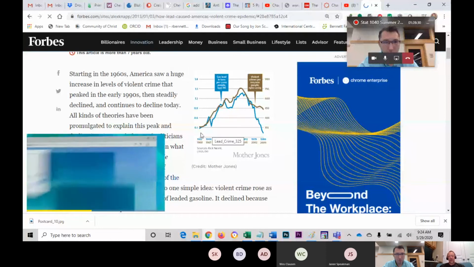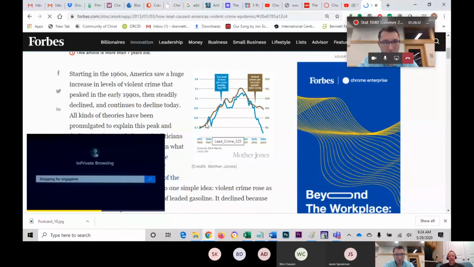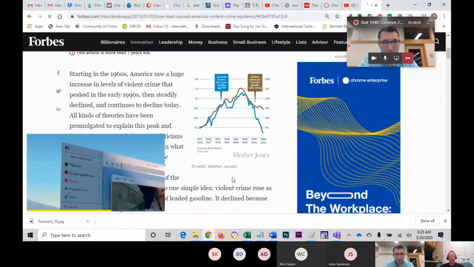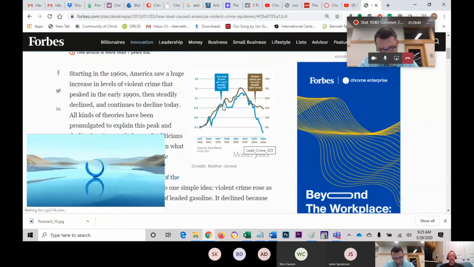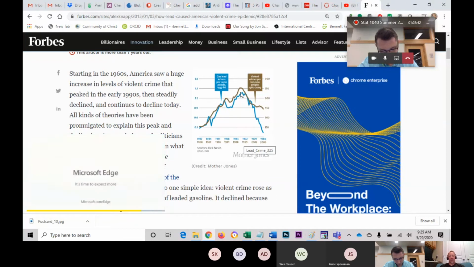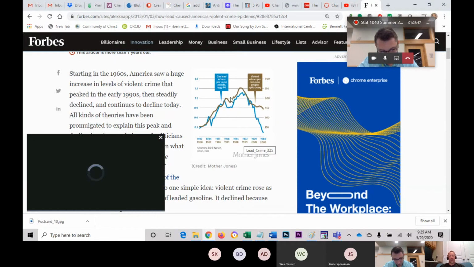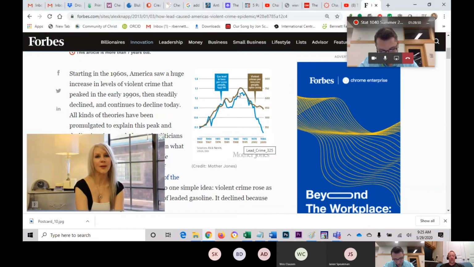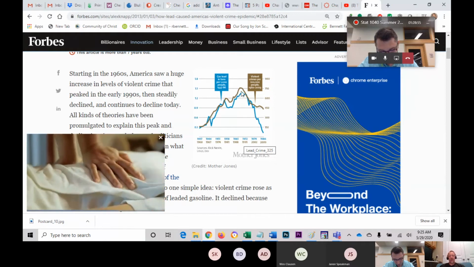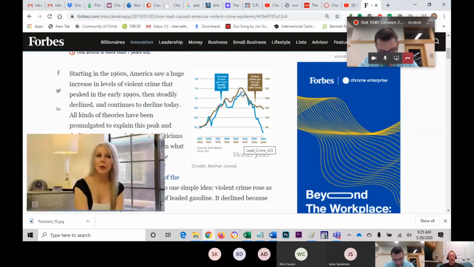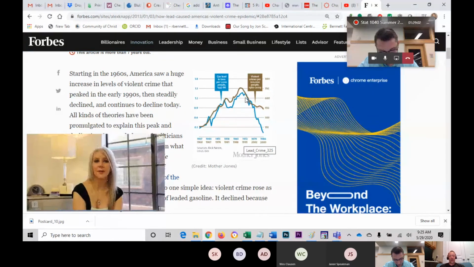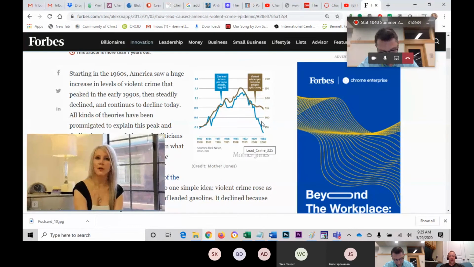Anyway, you can see the amount of lead increases. This is from 1937 to 1972. You can see that, especially because lead was used a lot in gas as well as in paint, the crime rate inched up. Then in about the 1970s they made a big push to get rid of lead in both paint and gasoline, and you can see that the crime rate seems to have dropped.